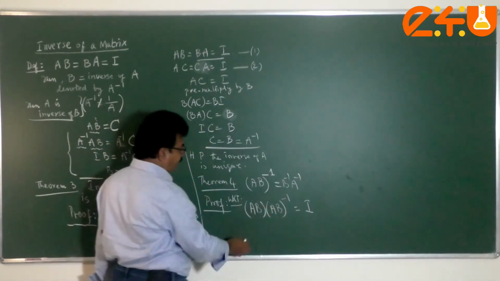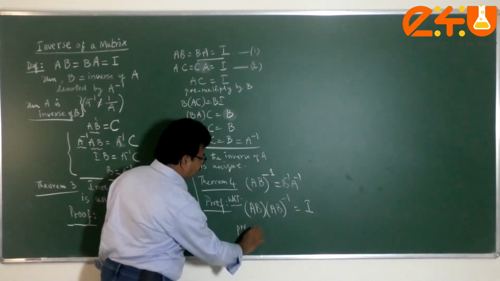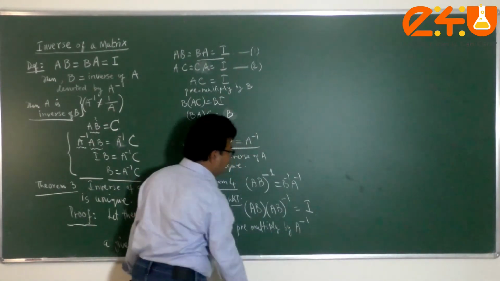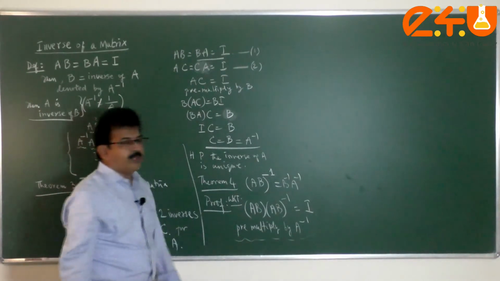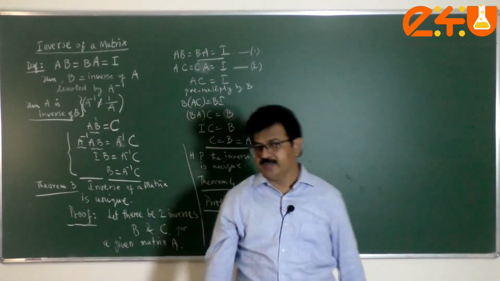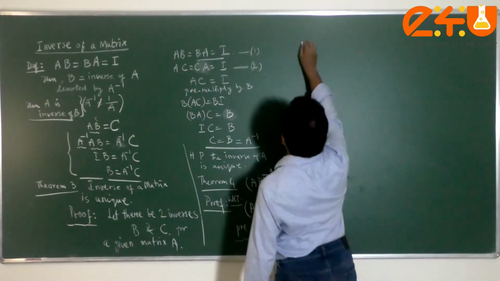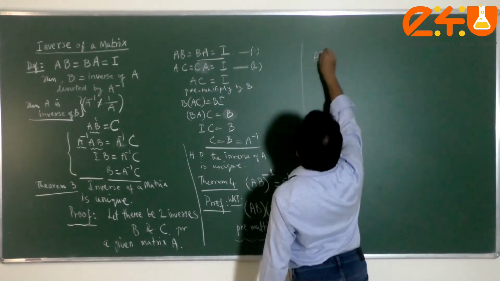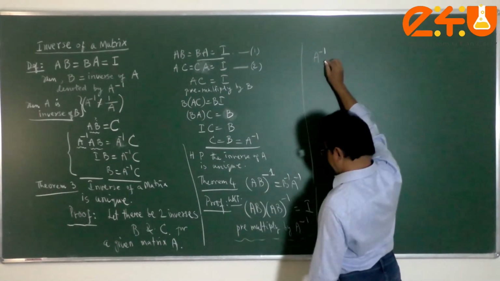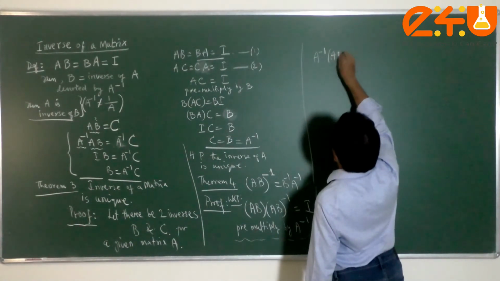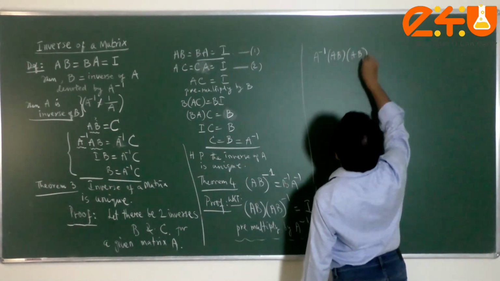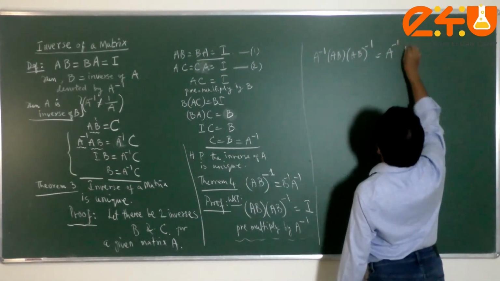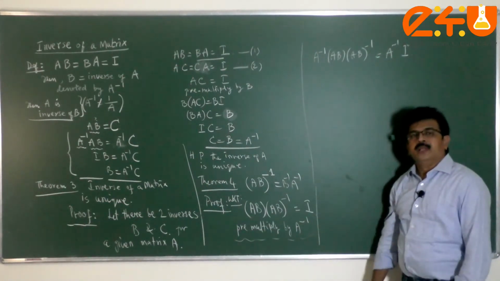Now let us start. Pre-multiply by A inverse. So whatever operation you are performing on LHS will be performed on RHS also. So when we say pre-multiply, it is simultaneously on both sides. So let us do it: A inverse times AB times (AB) whole inverse, and RHS pre-multiplied by A inverse I. Done.